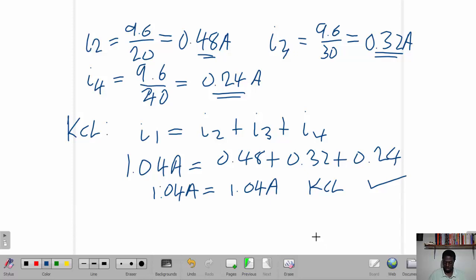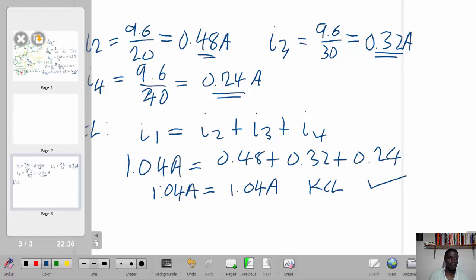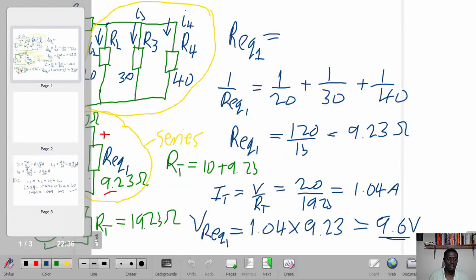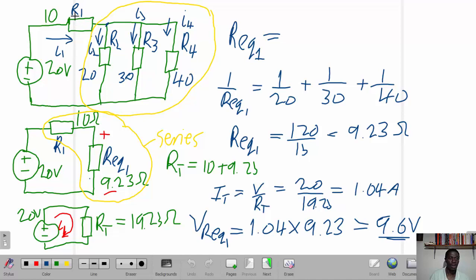And then using those variables, we're able to determine other values as well. Now we can determine the voltage across resistor 1. So resistor 1 has got 10 ohms, and has got 1.04 amps current flowing. So what is the voltage across resistor 1?